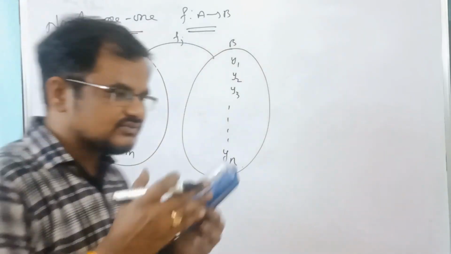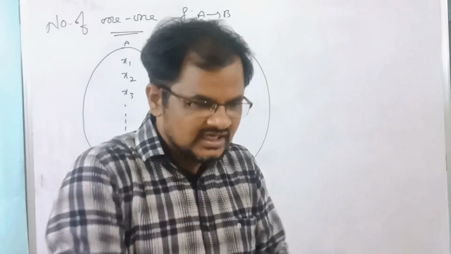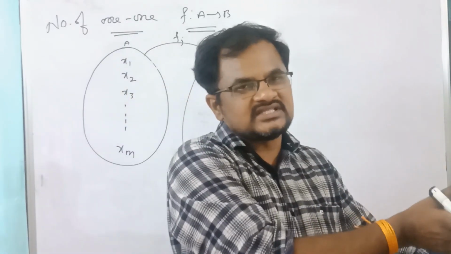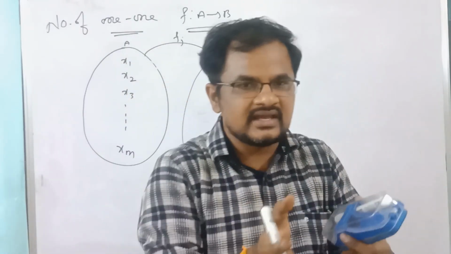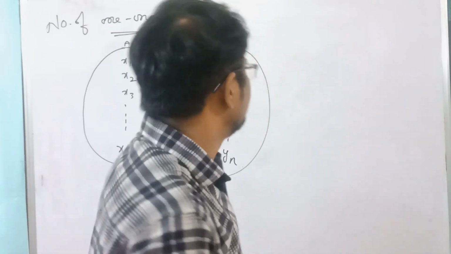Function is 1 1 means, what is the definition of 1 1? Distinct elements of A associate with distinct elements in B, means distinct elements of A have distinct images in B.